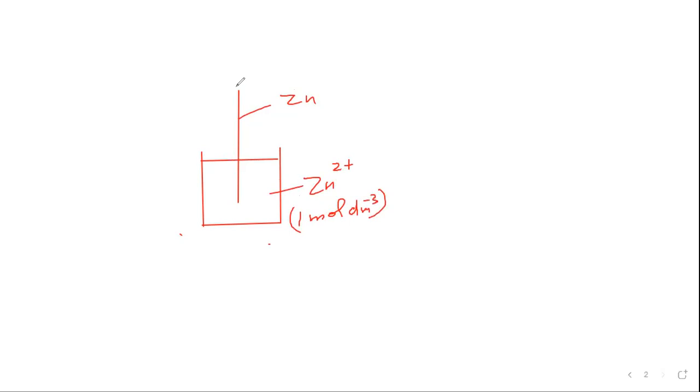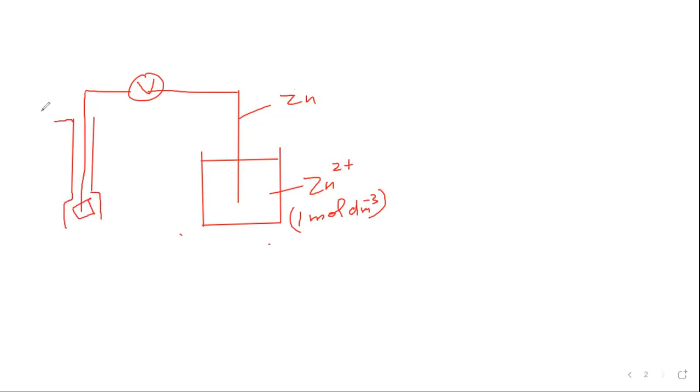And we connect it to the standard hydrogen electrode using a voltmeter. We connect them together by a voltmeter. So here we have the standard hydrogen electrode, as we have drawn it a moment ago.